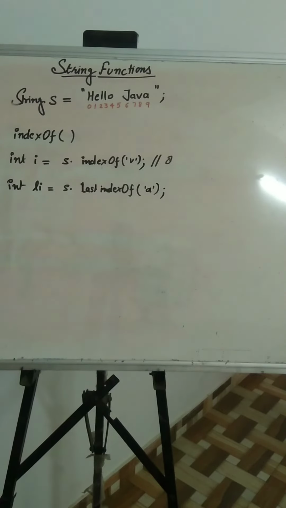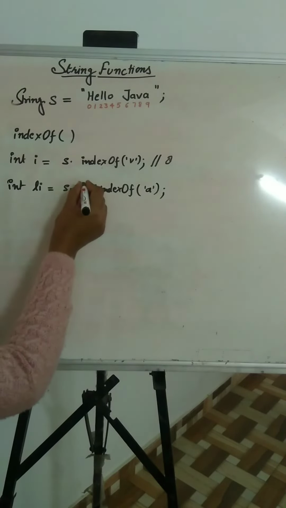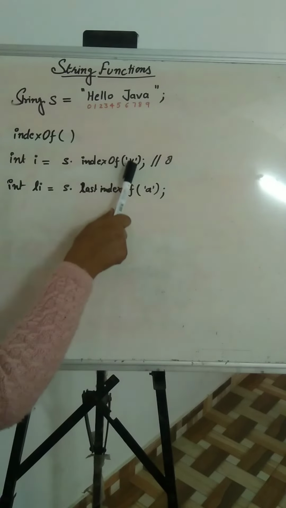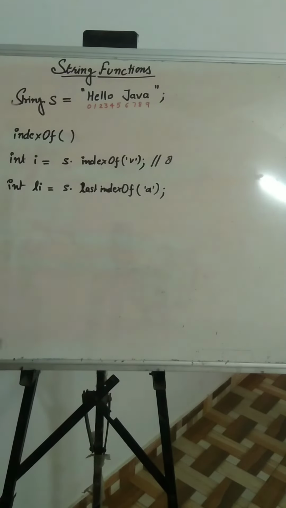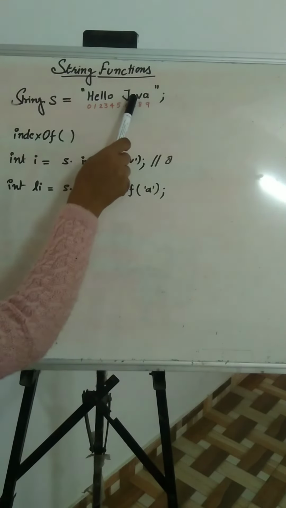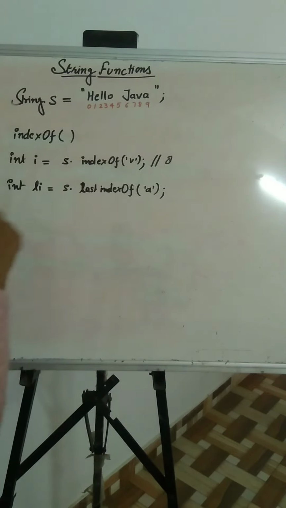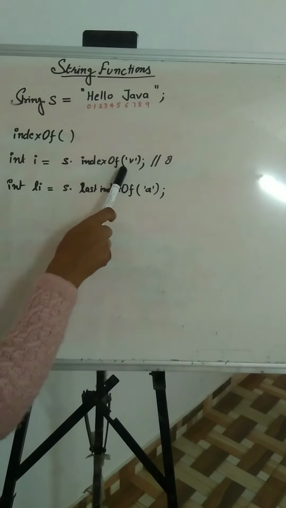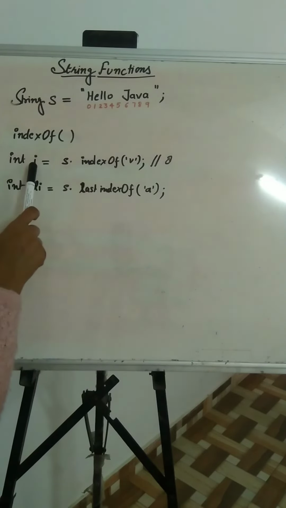We have to find the last index of a. If we write indexOf a, it will represent the index of the first a. When moving left to right, the first a is present in 7th position, so the indexOf function will return the value 7.